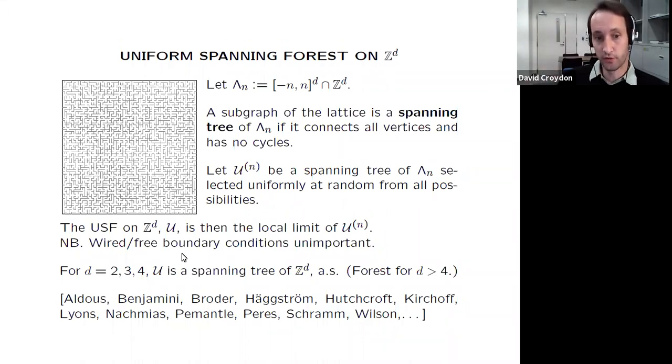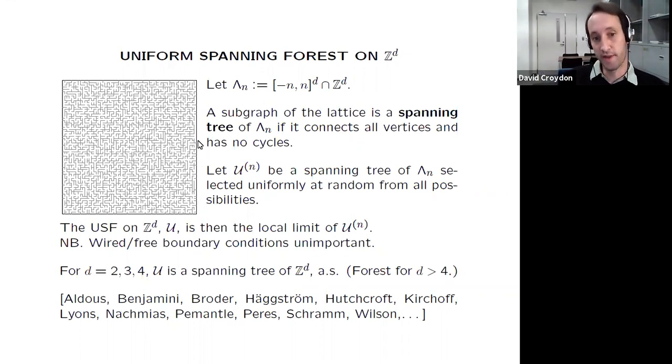What's easy to see is that the graph we get won't have any cycles, because if we don't have any cycles in any of the finite graphs, we're not going to make one in the limit. What's not obvious a priori, and not true, is that although each of these finite graphs is a tree, namely a connected graph, the limiting object has to be connected.